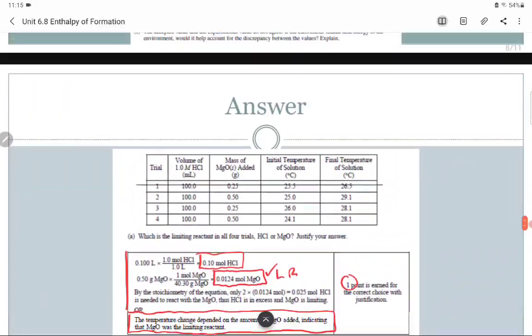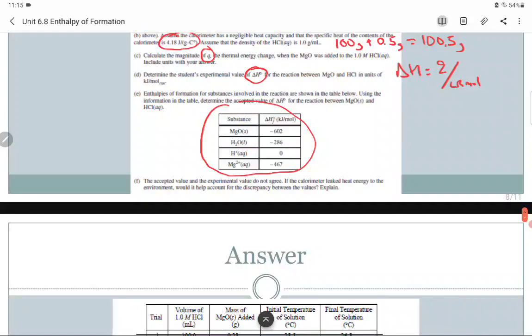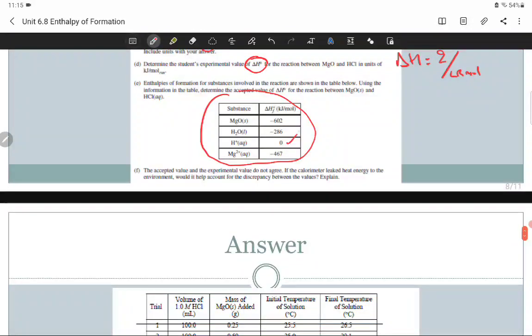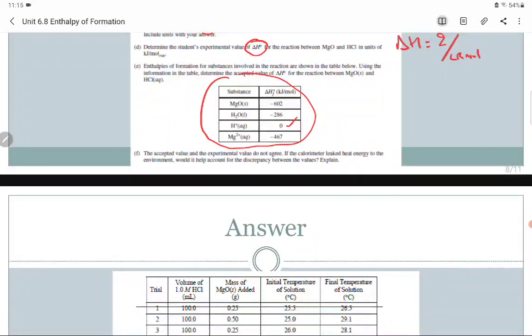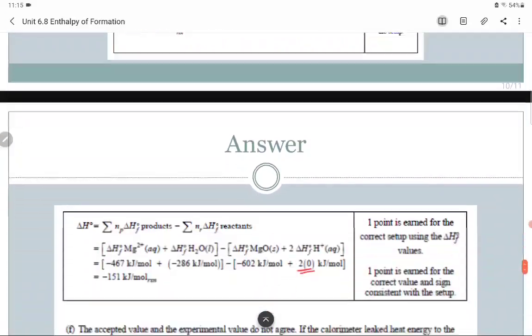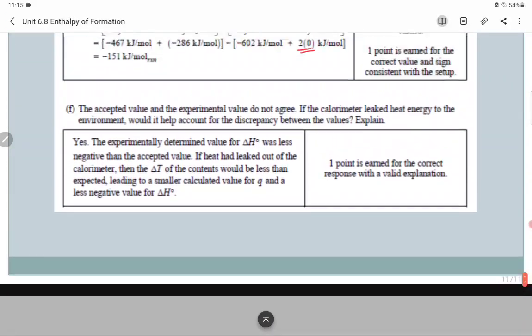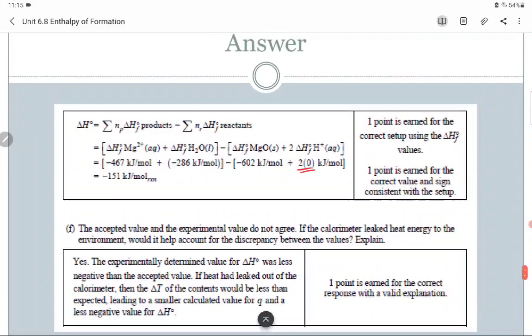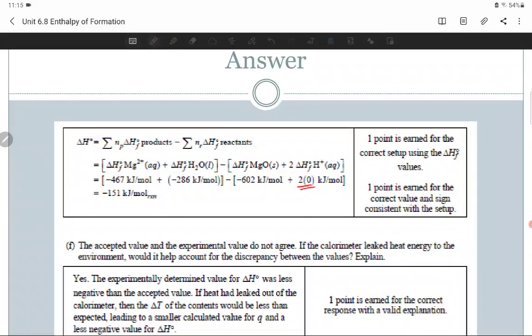You just have to be able to look at the table, and it gives you a value of 0 for the H positive. When they did all that addition and subtraction, they got a negative 151 kilojoules per mole. So that, again, we can call theoretical or true.